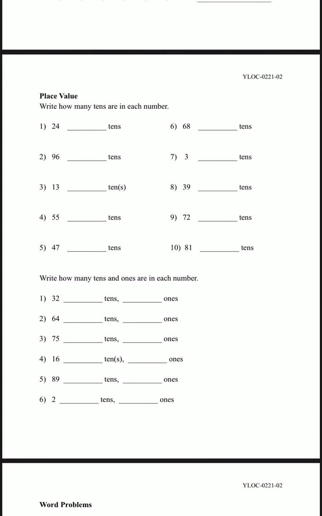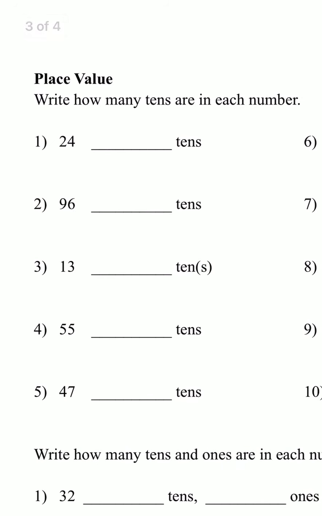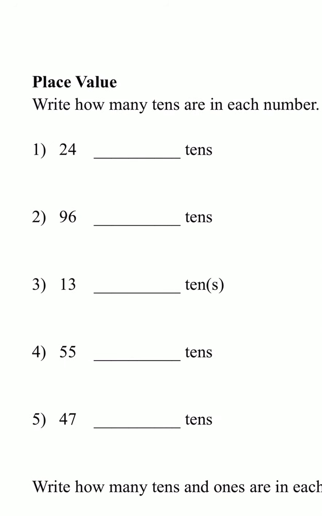We have place value. Write how many tens are in each number. Number 1, we have 24, right? The tens place is this one, and the 4 would be in the ones place, right? So that we would have 2 tens. Here we have 96. 9 is in the tens place, so that would be 9 tens. And for number 3, we have 13.